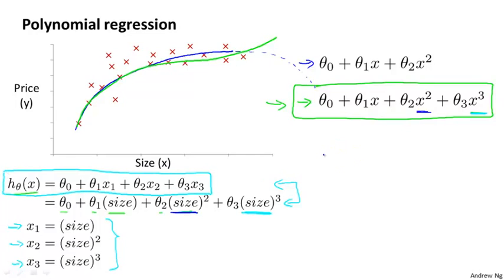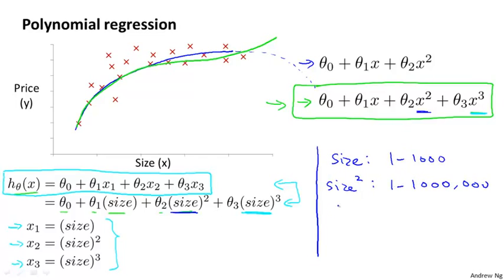I just want to point out one more thing, which is that if you choose your features like this, then feature scaling becomes increasingly important. So if the size of a house ranges from 1 to 1,000 square feet, say, then the size squared of the house will range from 1 to 1 million. That's the square of 1,000.